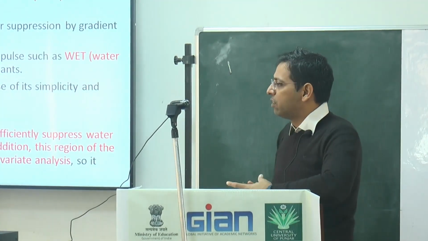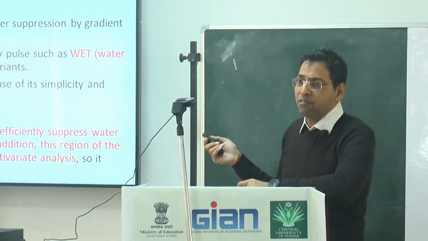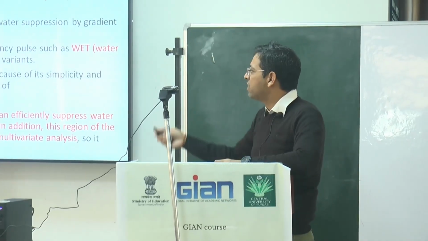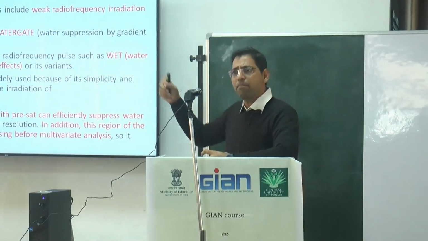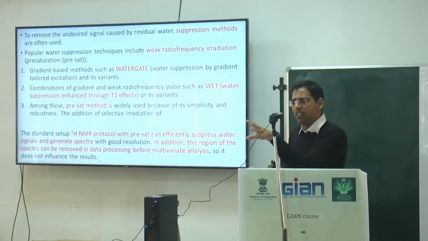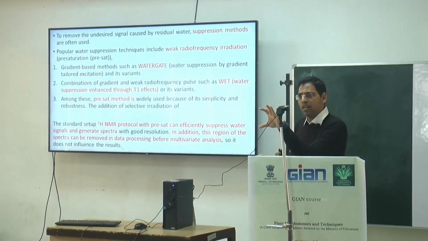So these are the popular water suppression methods mentioned here. The first one is WATERGATE. These are the methods actually. You just modify the conditions of the NMR, and you can easily remove those signals automatically by the NMR machine.